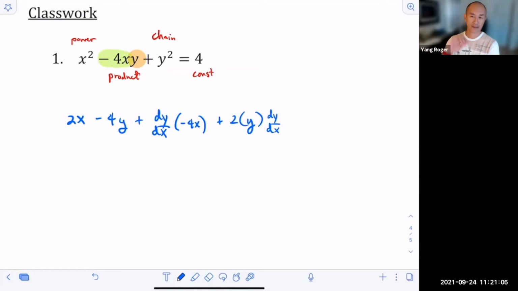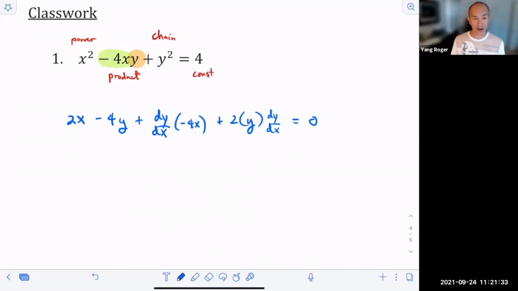Are there any questions about that chain rule part? No questions. And then the derivative of 4, with an equal sign, is just 0. So step 1 is just differentiating both sides with respect to x, and we did that.